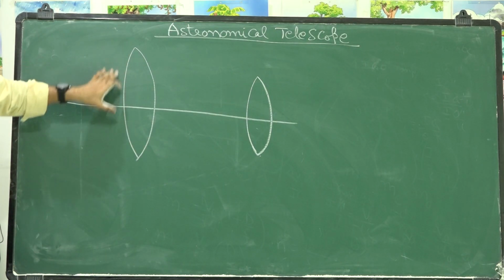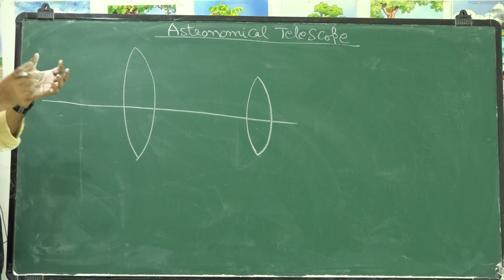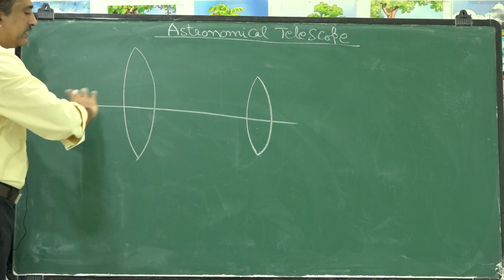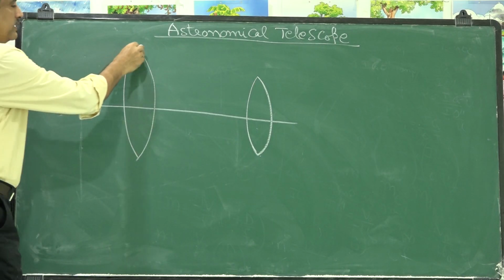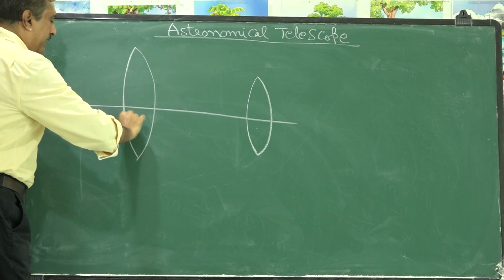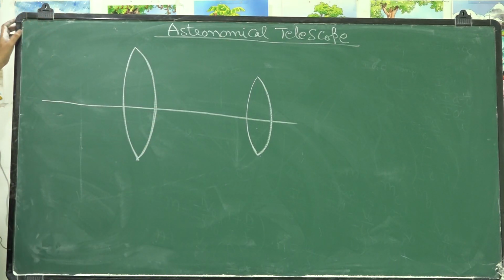Why we require a larger aperture: the aperture gives the light gathering area. That means the area through which light enters the lens is called its aperture. For distant objects we require more light to be incident on the objective lens.